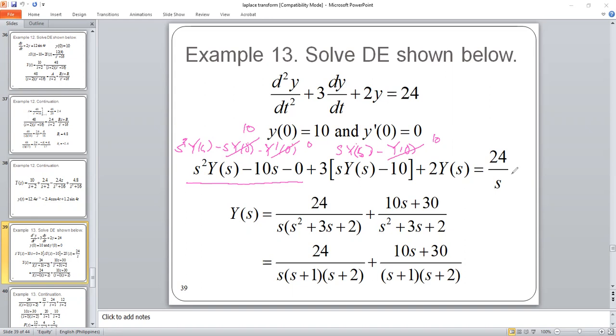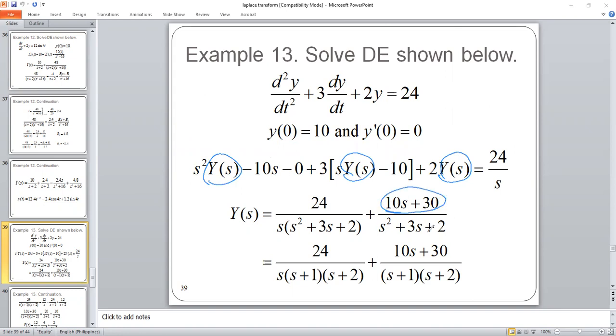Now, if you isolate the y of s expression on the left side, if I clear the markings so that we will not have everything topsy-turvy, you keep this one and this one on the left side. The rest should be transferred here. So what will be transferred here is 10s and 30. So why do we have this divisor and added divisor?